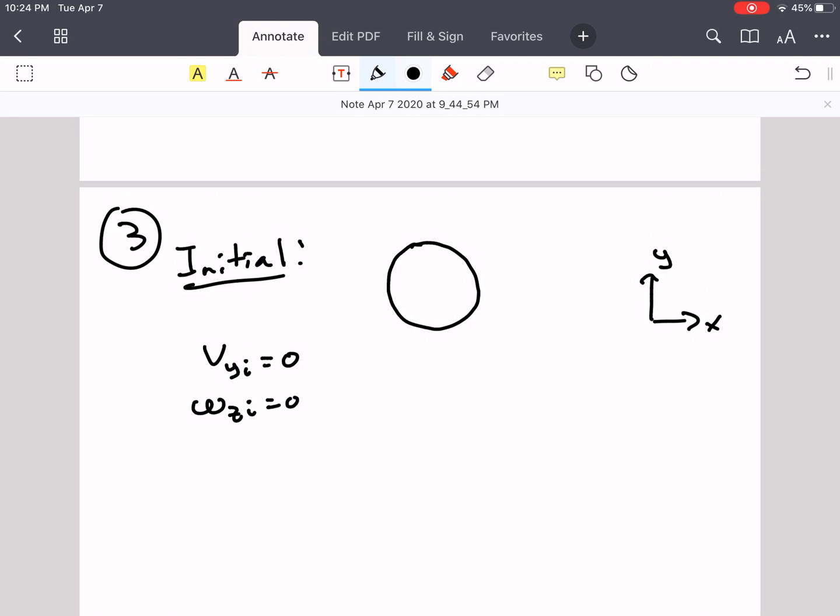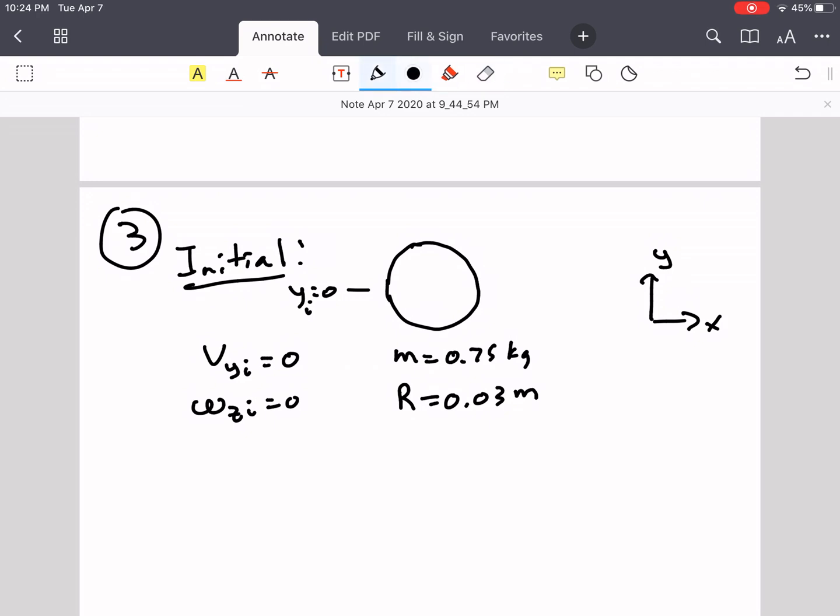What I do know is that the object has a mass, which I will call little m, equals 0.75 kilograms. It has a radius, which I will call capital R, 0.03 meters. And in order to set a coordinate system, let's call y equals 0 my initial state. So y initial equals 0. And just make our life easier down the road. Again, it's never important what I call y equals 0.